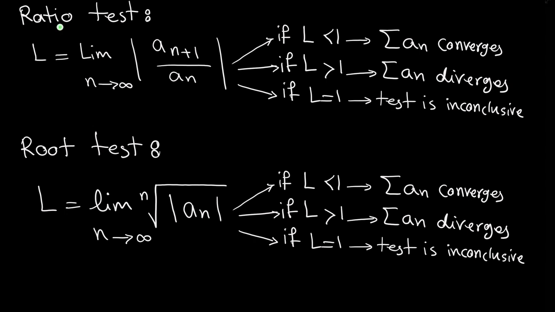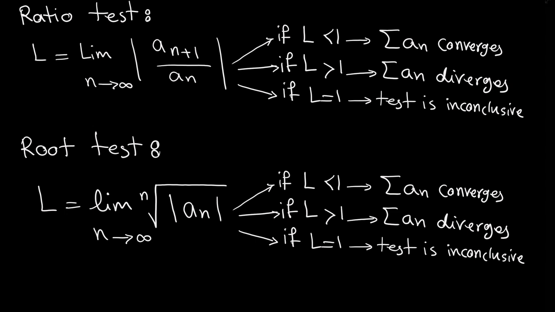When we use the ratio test, because we take the limit of the absolute value of a_(n+1) over a_n instead of the sigma a_n, instead of evaluating the sigma a_n, we are evaluating the sigma of the absolute value of a_n.